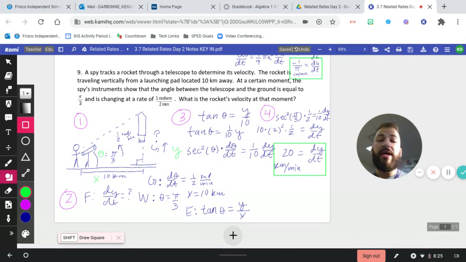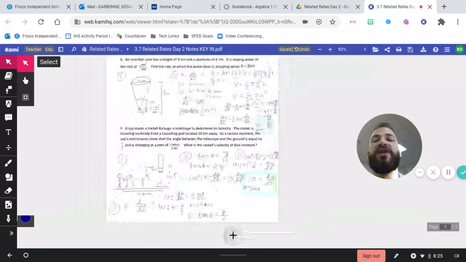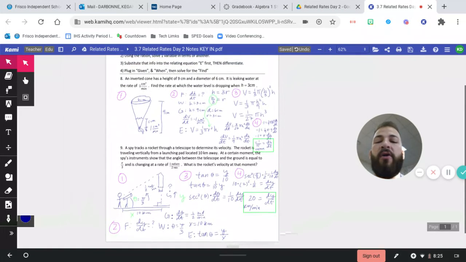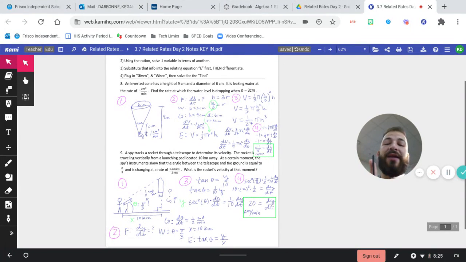Like I said, the key thing for today, related rates day 2, is making sure you check before you get going: is there any constant that I need to plug in before I take my derivative, and is there any variable I need to eliminate because I don't have enough information?